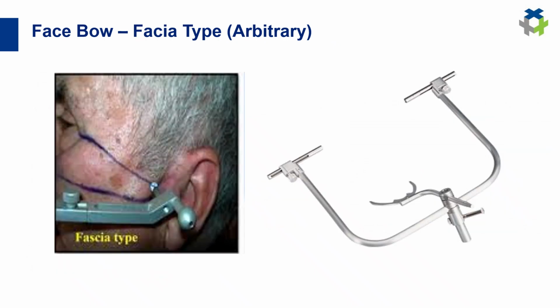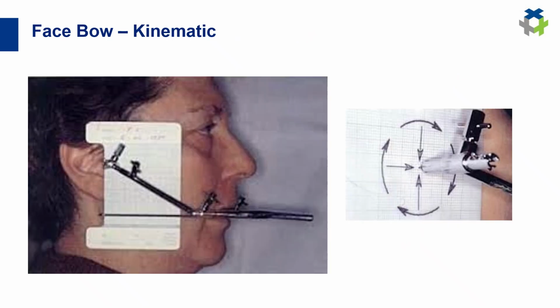Whereas the fascia type face bow relies on positioning the face bow on the fascia, placed exactly over the soft tissue over the condyle. The kinematic face bow is a much truer face bow, in that it can record a true hinge axis, and it is most commonly used with a fully adjustable articulator.